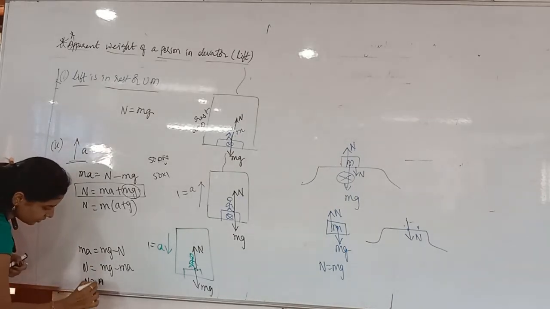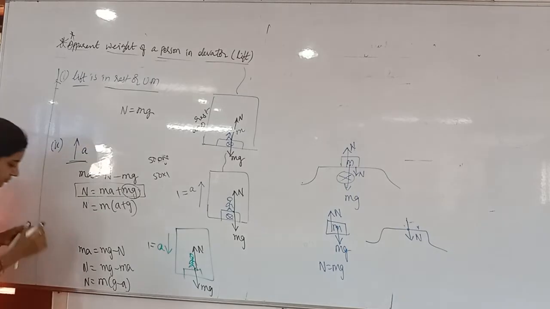So N is equal to m into (g minus a) when the lift is going in the downward direction. Write that.